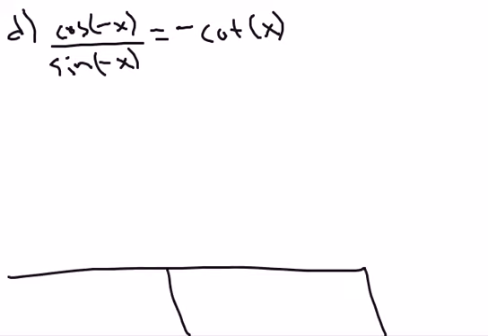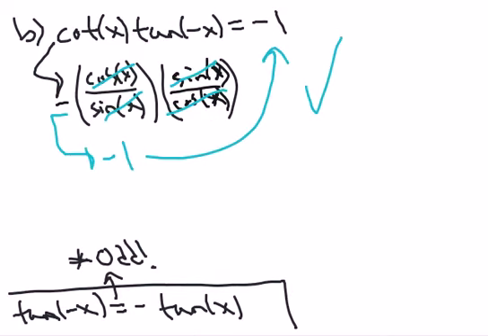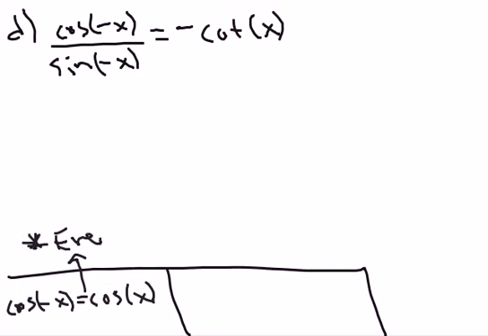I'm going to use 2 facts that I know related to being even and odd. If you remember when we talked about tangent, we said tangent was odd. Well, there are similar properties for sine and cosine. It is also true that cosine of negative x is equal to just cosine of x, which is telling me that cosine is even.